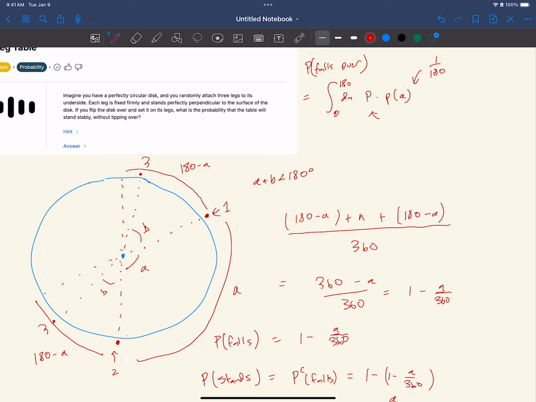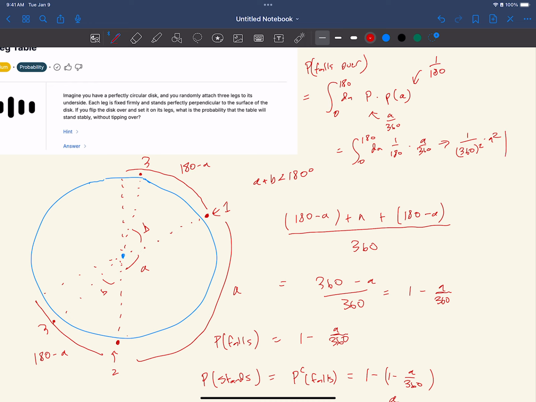And the probability is A over 360, so we just plug this in and we get 1 over 180 times A over 360, which integrates to 1 over 360 squared times A squared.